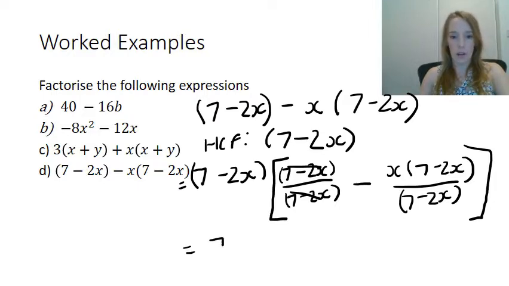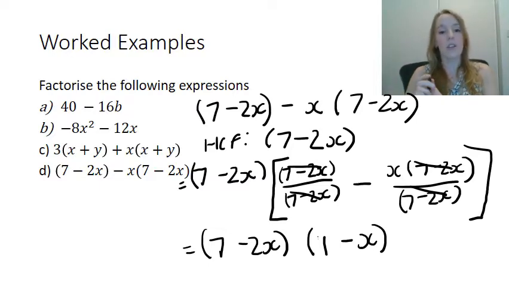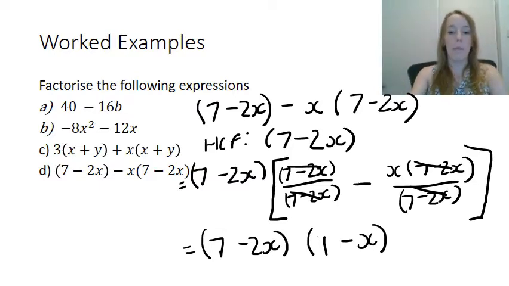So 7 take 2x, brackets, 1. Again, another mistake. I'm racking up the mistakes today. Okay, so the second half, we've got 7 take 2x divided by 7 take 2x will be 1, which will leave us with x. And that will be our final answer there. So 7 take 2x multiplied by 1 take x would be our factorised version.